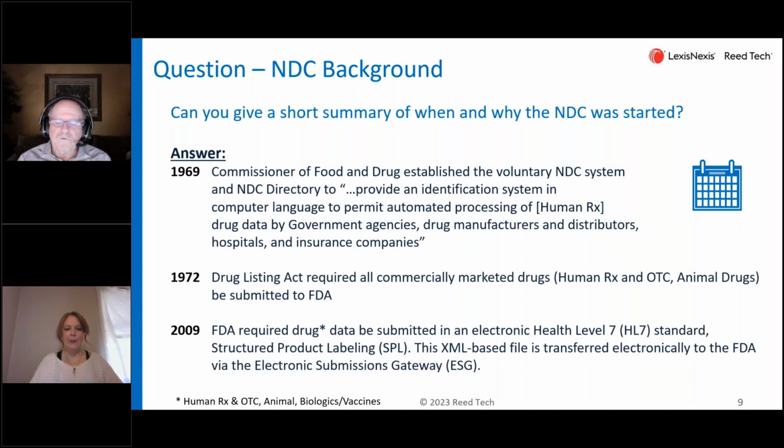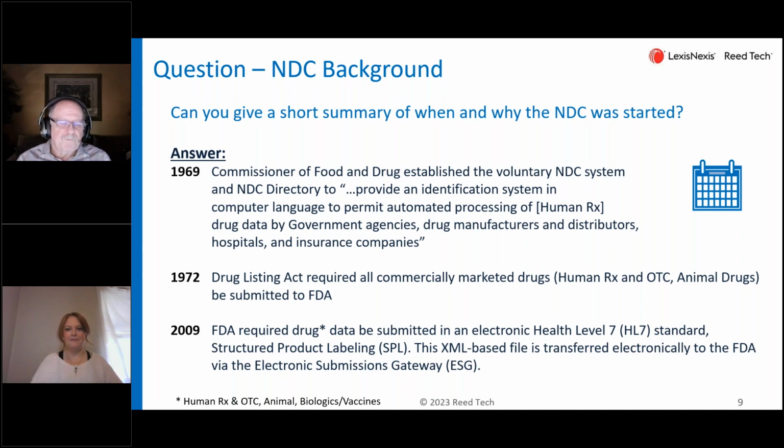Now, there's 2 other milestones that we need to bring up if we're doing this quick, short summary. 1972 is significant because it changed the voluntary aspect of the submission over to a mandatory submission, and it expanded the scope from just human prescription to be human prescription and over the counter, and also include the animal drugs.